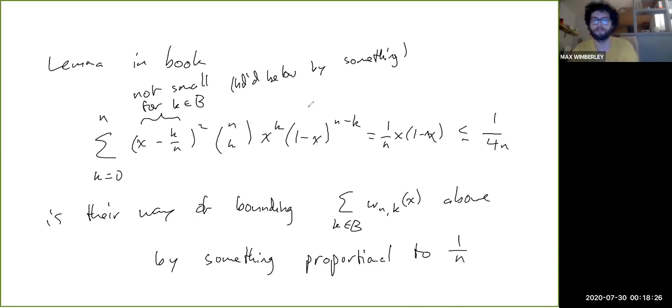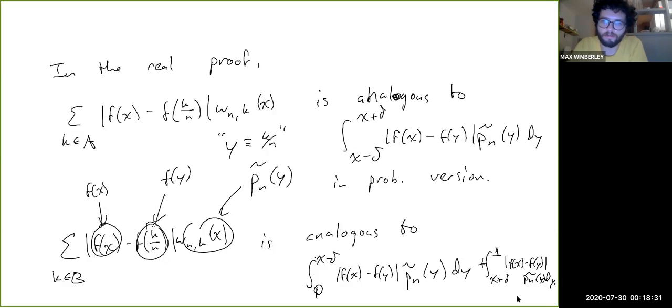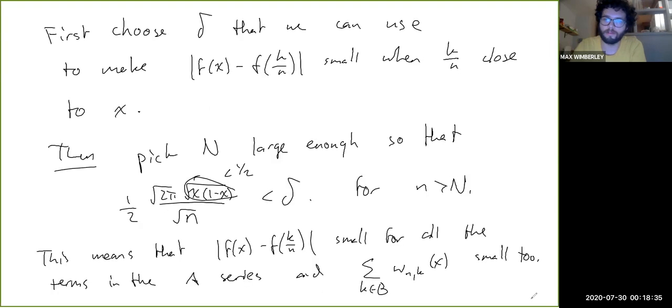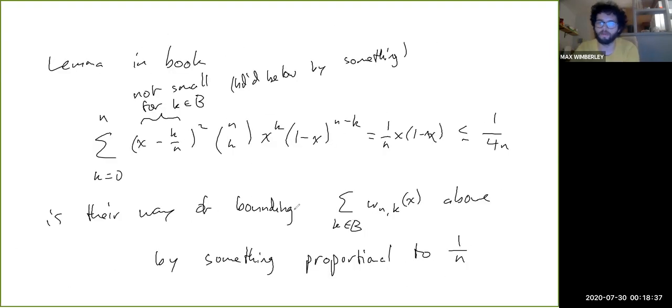So yeah, that's all for this video, and that's all for this lecture too. I do hope that this helped shed some light on where all this comes from, when they choose their capital N in the book. They literally say let N be capital M over epsilon delta squared.